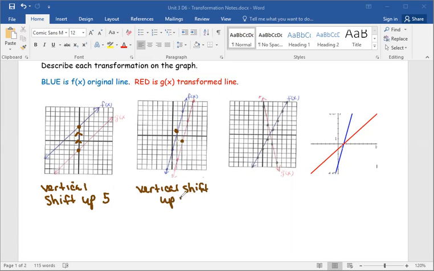Up 2. We also have a horizontal. To go from this point here to here actually went left 1. So this would be a horizontal shift left 1 unit. We do not have any reflections.